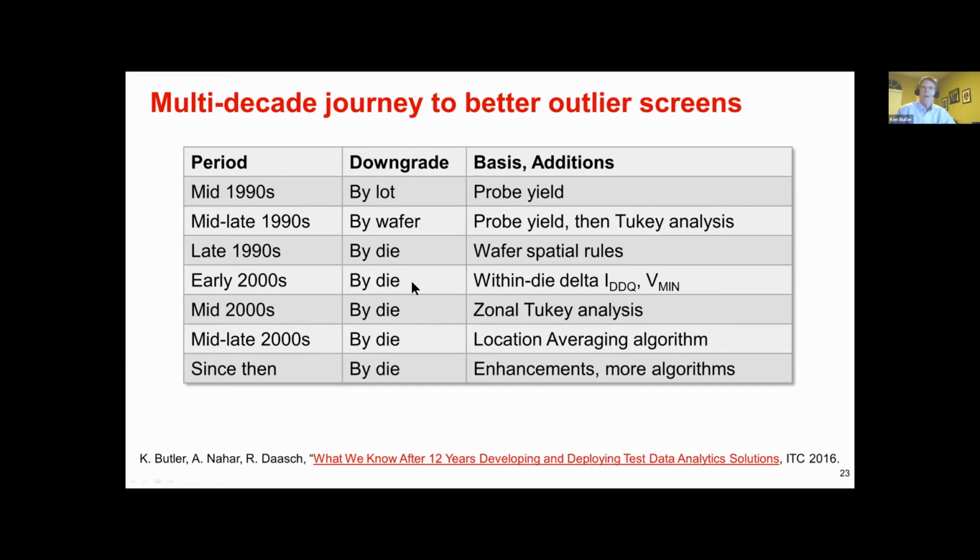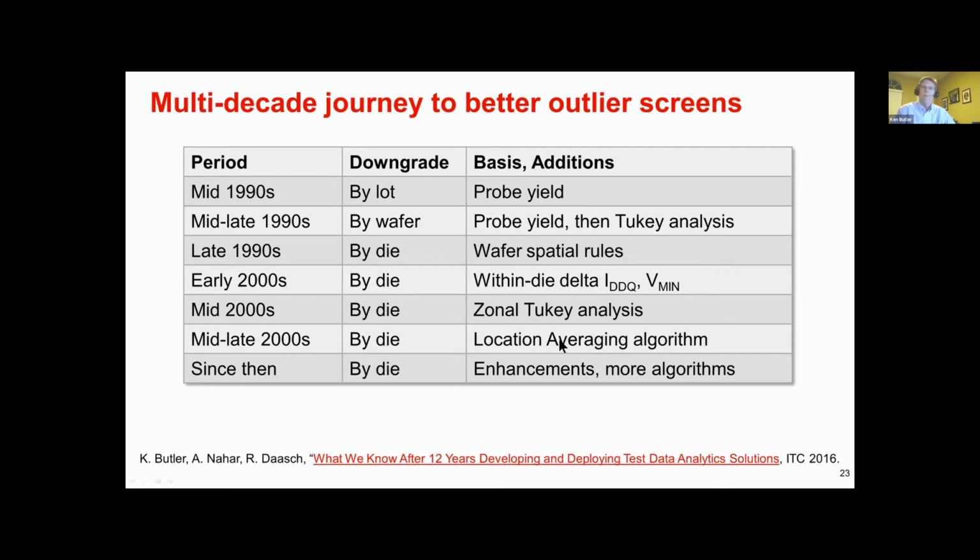In the early 2000s, we started looking within die and looking at delta IDDQs and V-mins and those sorts of signals in order to be able to declare die as outliers, but still with relatively simple analytical techniques. And by the mid-2000s, we moved into more zonal regions of the wafer instead of looking at the whole wafer as an entity, to be able to treat the zones on the wafer differently. And there were a variety of zones, concentric and quartiles and those sorts of things.